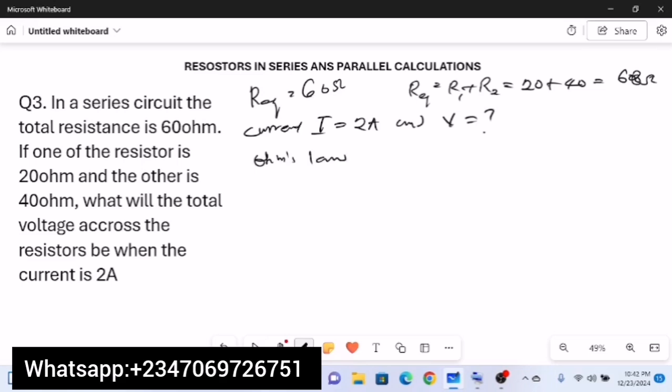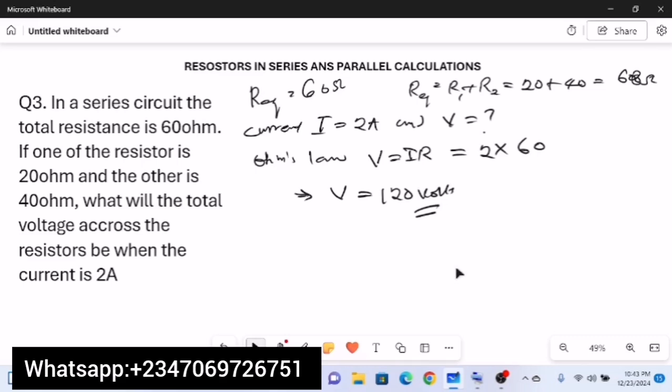From Ohm's law, recall V is equal to IR, and we are looking for V. So this is going to be equal to, current there is 2. Now the equivalent resistance, R equivalent, was given there as 60. So simply 2 times 60. So this simply implies that the voltage across that given circuit is 120 volts, and that becomes the answer to the third question.